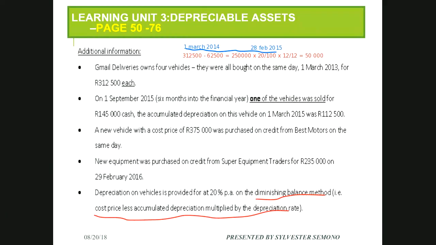Remember, we ended February 2015. The next year will start the following month, same year. Does this make sense? Yes, it's a financial year. Please, I think some of us are lost here. Some of you said 2016. It can't be 2016, because if you ended 28th of Feb 2015, what is the next month? Is March the same year? Are we together?